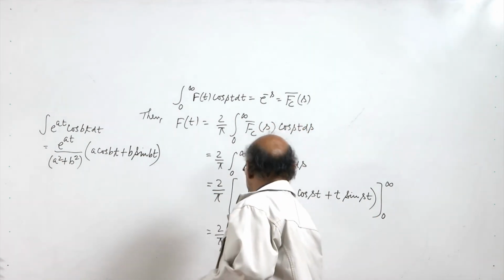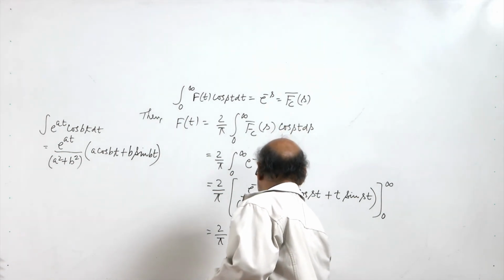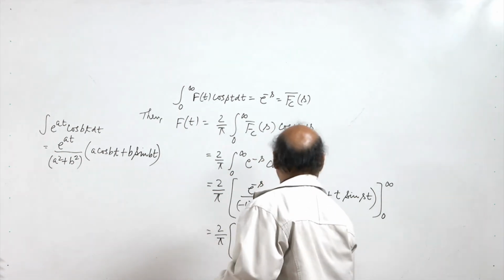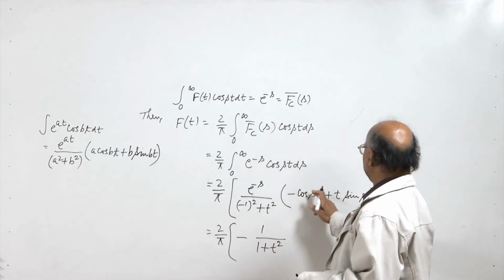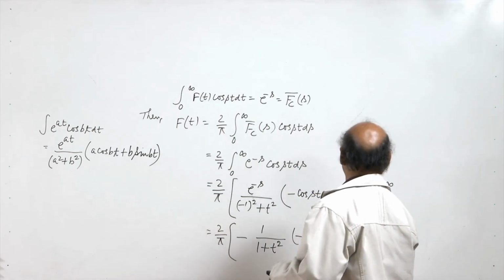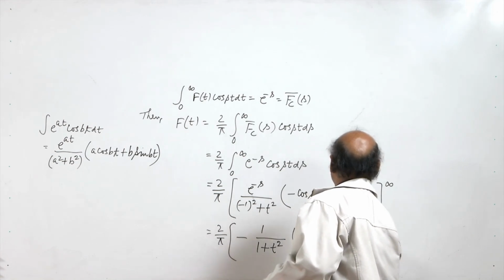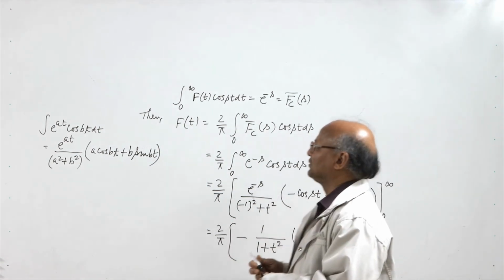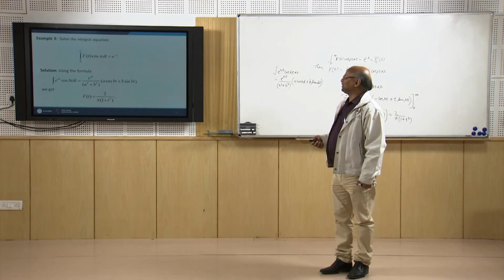So minus e to the power 0 is 1, so 1 upon 1 plus t square, and then here we put s equal to 0, so we get minus 1, and then this becomes 0, so we get 2 upon π times 1 plus t square. So we get f(t) equal to 2 upon π times 1 plus t square.